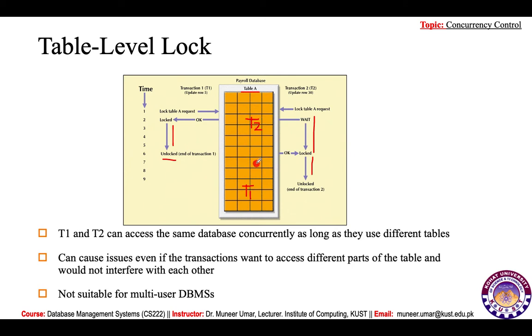So both are at different locations. Even though they are not interfering, this lock is still implemented on the entire database table. So it is not suitable for multi-user database management systems.